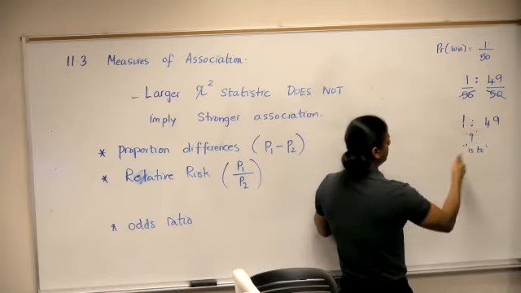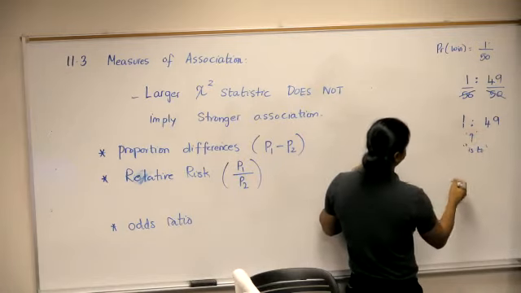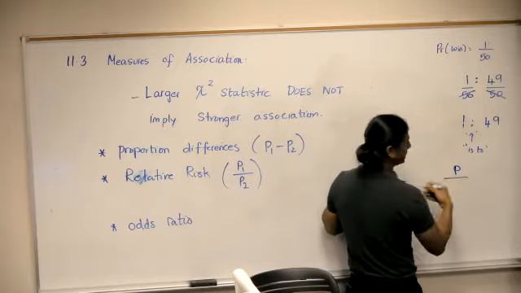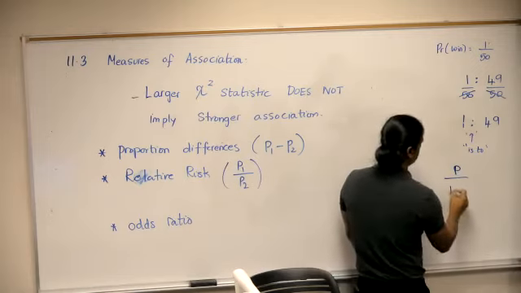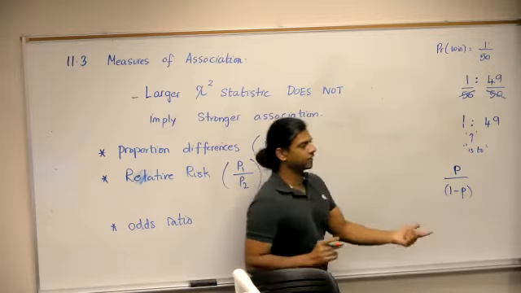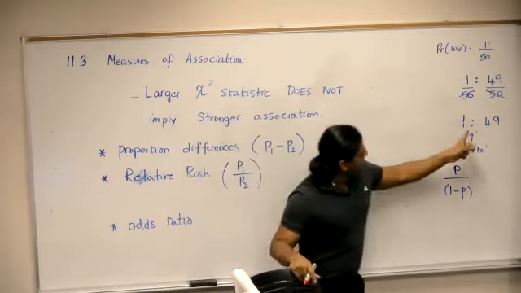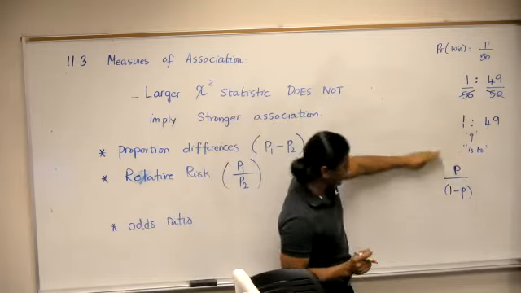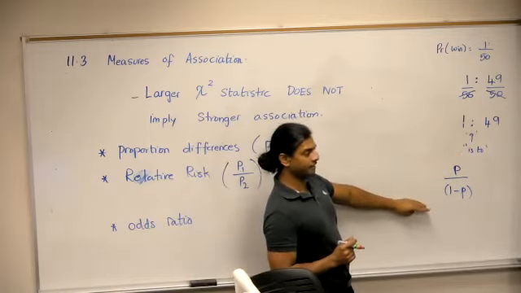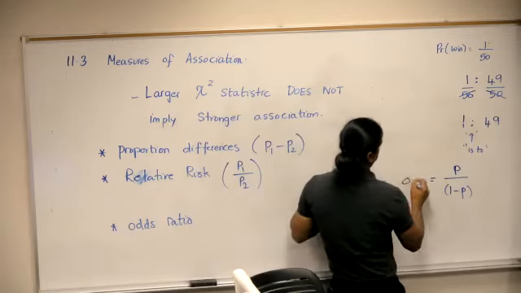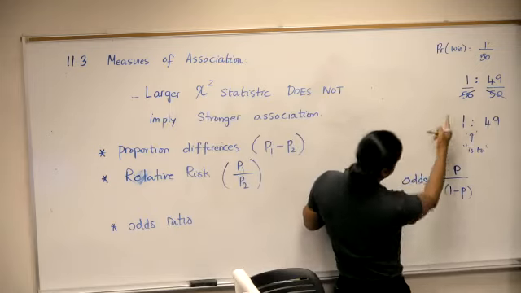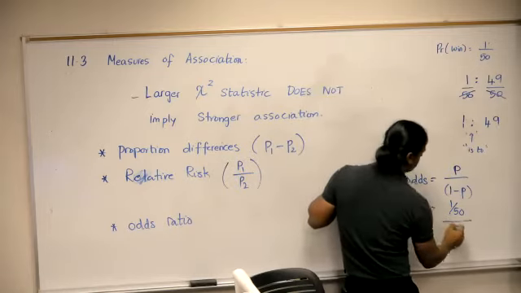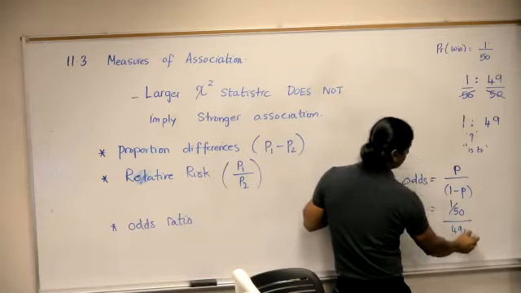This is simply the ratio of the probability of winning, I'll call it P, divided by its complement, which is 1 minus P. The 'is to' sign, which is a ratio notation, is the same as a fraction P over 1 minus P. P in my case is 1 over 50. 1 minus P is 49 over 50.